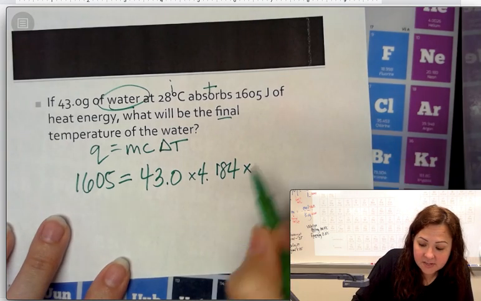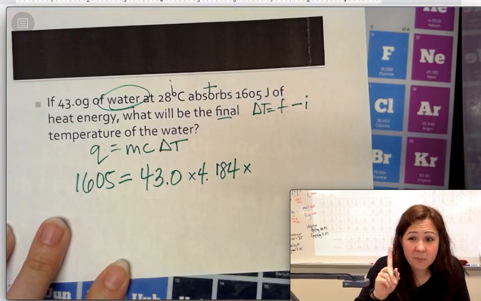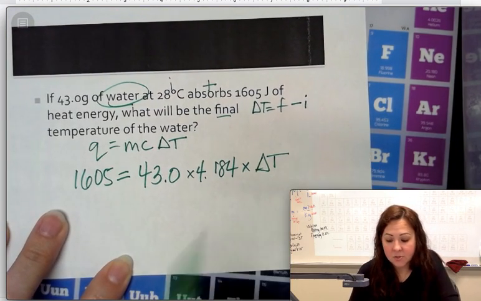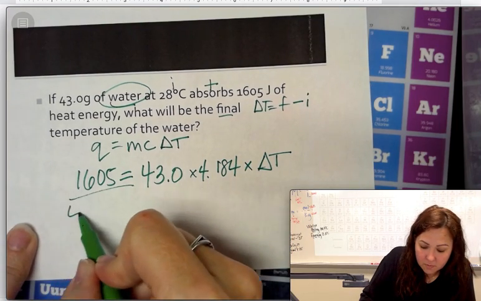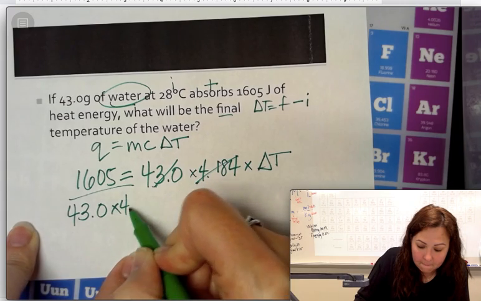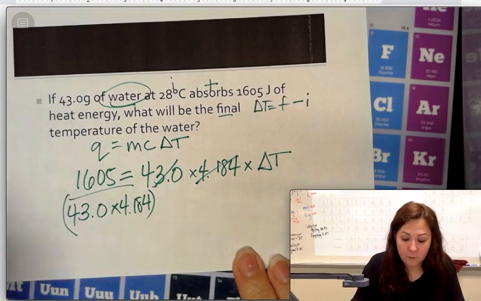And I know delta T is equal to my final minus my initial temperature. So what I'm going to do first is solve for delta T. So to solve for delta T, I'm going to move this guy over, and I'm going to move this over. And that's going to give me my change in temperature overall.